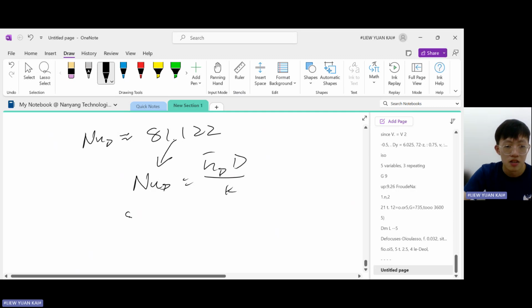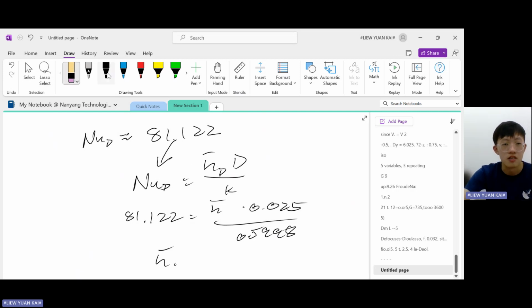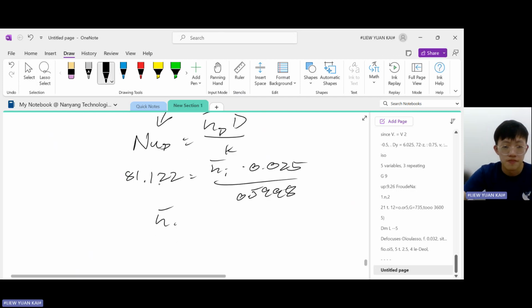So now you plug it in here: 81.122 is equal to hD over k. h is unknown, D is known, and k is interpolated to be 0.5998. So your h is actually your h_i, your internal convective coefficient, 1946.28.